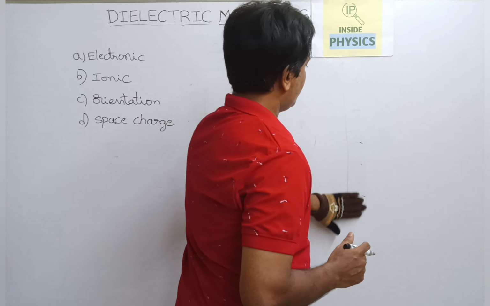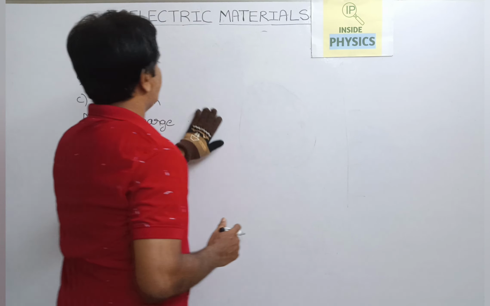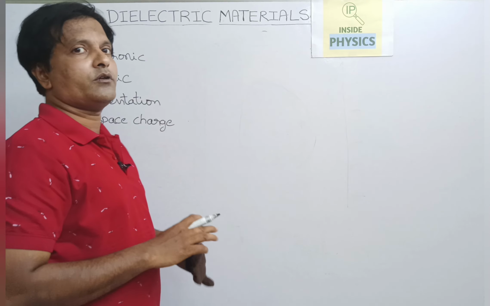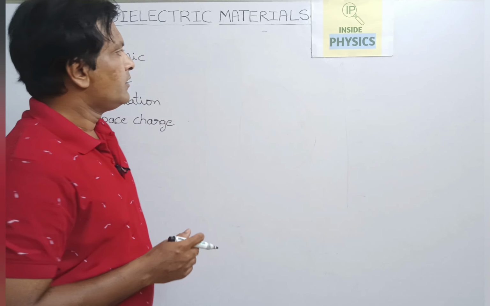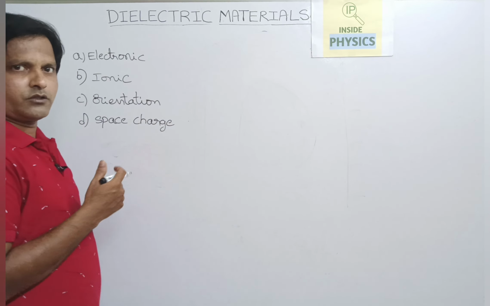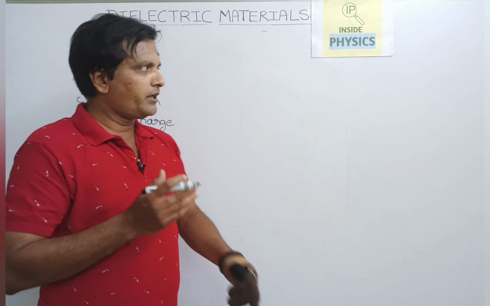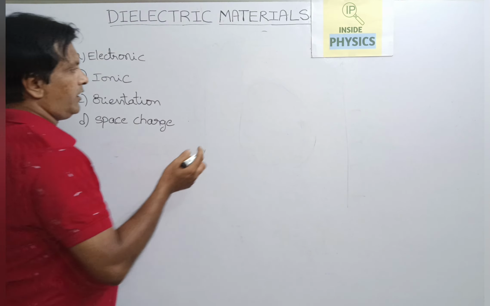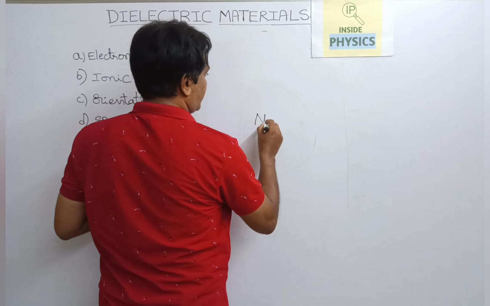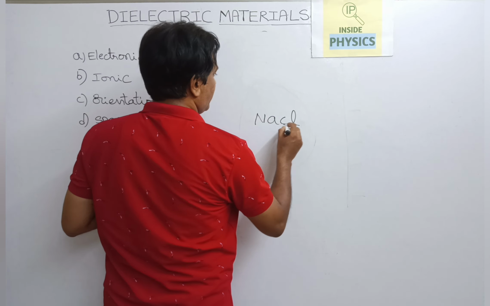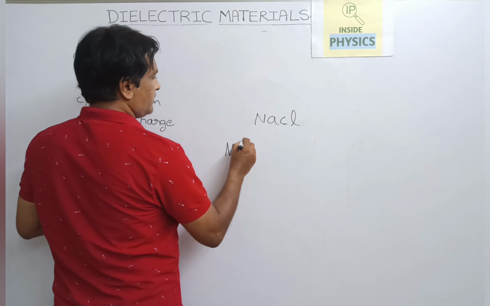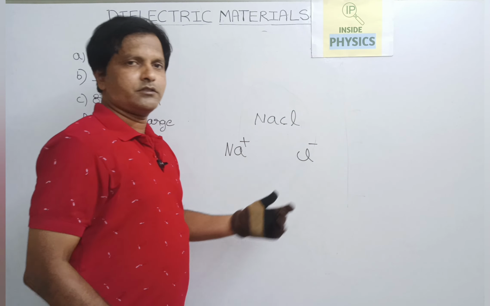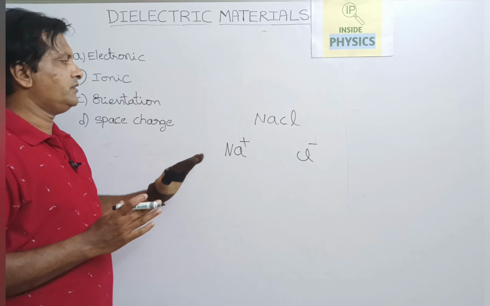If you take an ionic crystal like sodium chloride, it has sodium ions and chlorine ions. When you apply an external electric field to an ionic crystal like sodium chloride, the Na plus and chlorine minus, the positive and negative ions, are displaced.